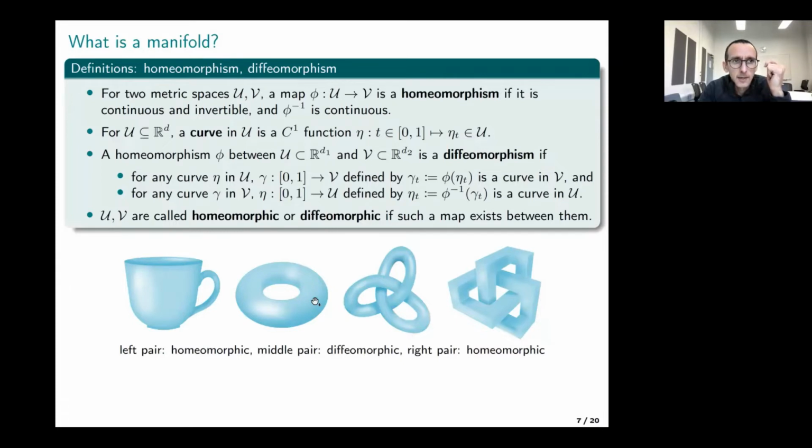Then whatever the phi is that maps this donut over to this knot, I map that curve through phi. If phi is a homeomorphism, the resulting thing still has to be a continuous curve. And vice versa, if I start with a continuous curve over here and map it through the inverse of phi, what I get must still be a continuous curve. That's just because of the continuity of phi and its inverse.